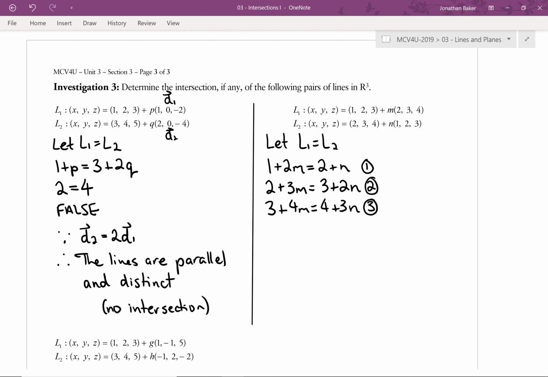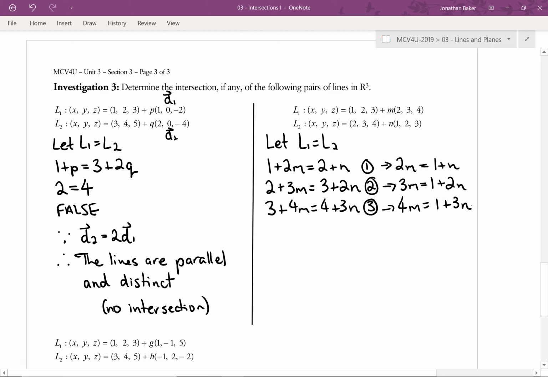Let's simplify a little bit. We have some constants that we need to clean up. This one becomes 2m is equal to 1 plus n, this one becomes 3m is equal to 1 plus 2n, and 4m equals 1 plus 3n.